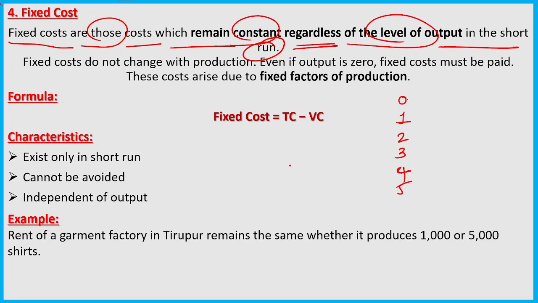If you are not making any pen or the production is zero, then also, say for example, 1 lakh rupees you have incurred, whether it's for the land, lab, furniture and fixtures, or machinery. The overall cost you have got is 1 lakh.